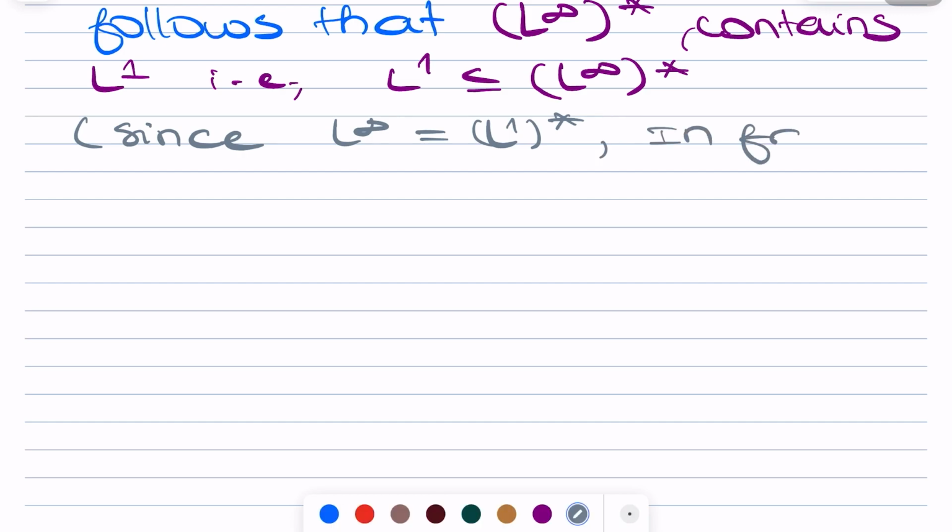We know that L1 is contained in the bidual, but the bidual of L1 is the dual of L infinity.